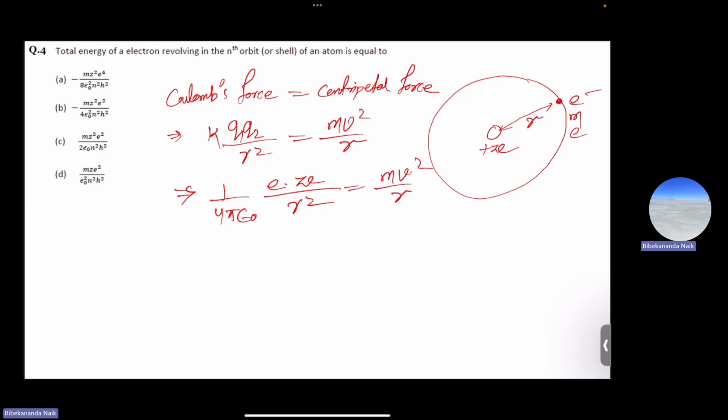So if you talk about another assumption of Bohr's model, Bohr had said that electrons will be revolving in those orbits where the angular momentum of the electron is an integral multiple of h cross or h by 2 pi. So the angular momentum of electron L is equal to mvr, which is equal to nh by 2 pi, where n is the principal quantum number.